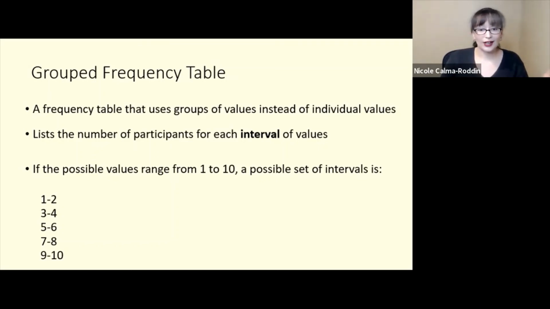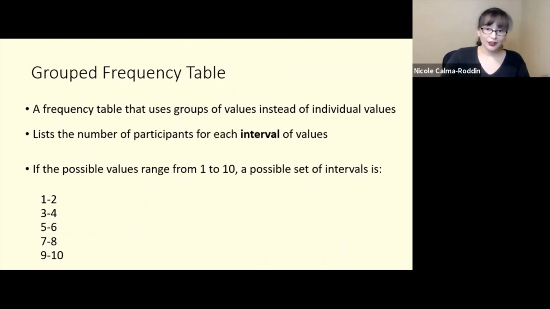For instance, if I had 100 possible values, that would be really long, and I'm not going to be able to easily see what's going on in the data. So I might want to group those numbers, maybe using an interval of 5 or an interval of 10 to condense the information for the 100 possible values. A grouped frequency table would be a much better choice in that case. The benefit is that we can present information quickly and in a more understandable, consolidated way.